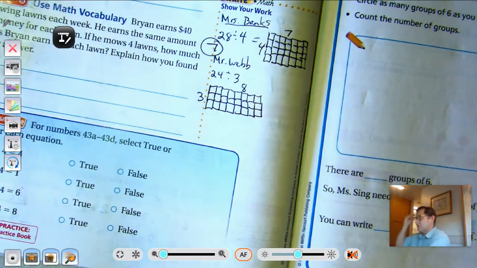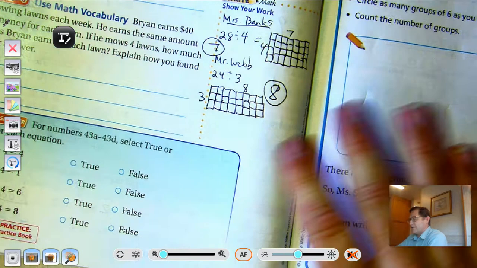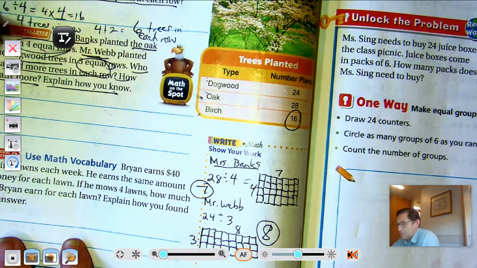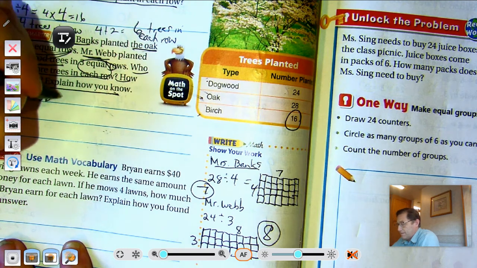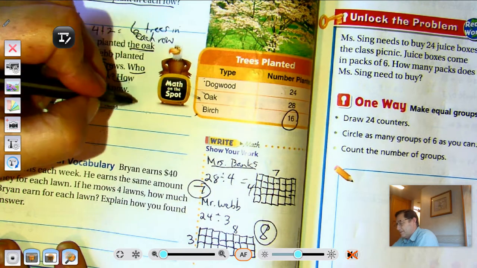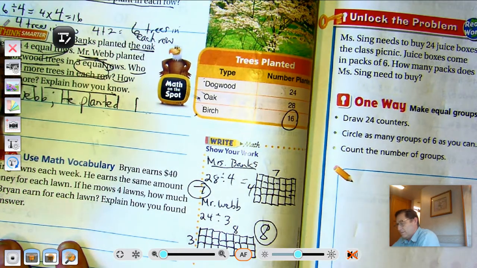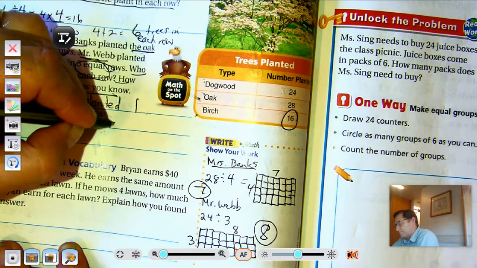Okay, so Mr. Webb planted 8 trees. Who planted more trees in each row? Mr. Webb. He planted 1 more tree in each row.